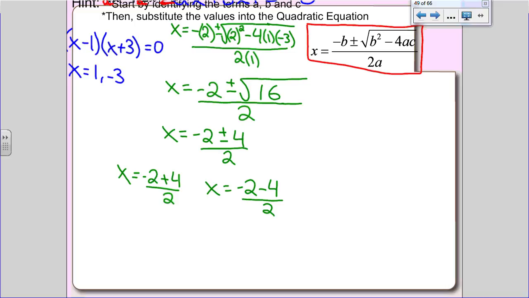It'd be the exact same. We calculate this one, we get x equals 1. Calculate this one, we get x equals negative 3. Which is the exact same answer as what we got when we factored. So we're just proving, hey, that actually did work.